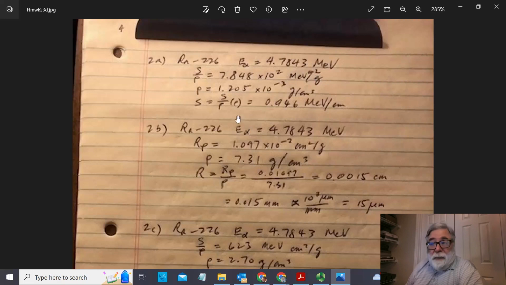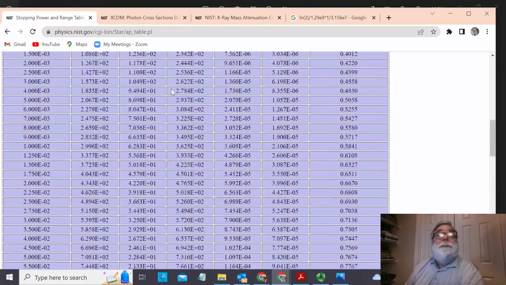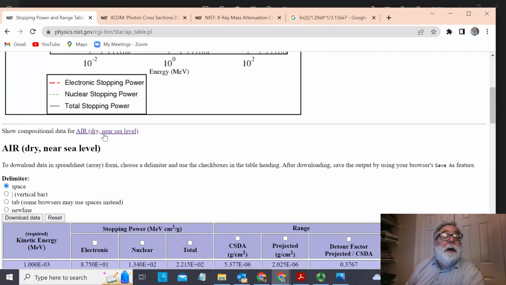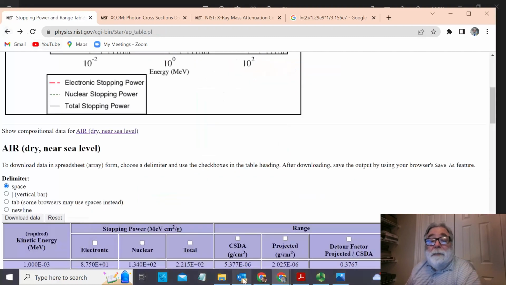Now, I need the linear stopping power. That's what it was asked for. This is the mass stopping power. So I need to get the density of air. Here's the compositional data right here, and the density is 1.205 times 10 to the minus 3 grams per cubic centimeter. So that's going to be helpful.